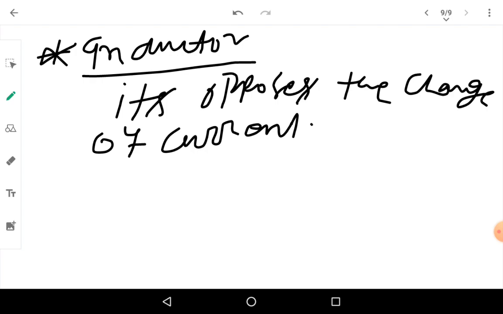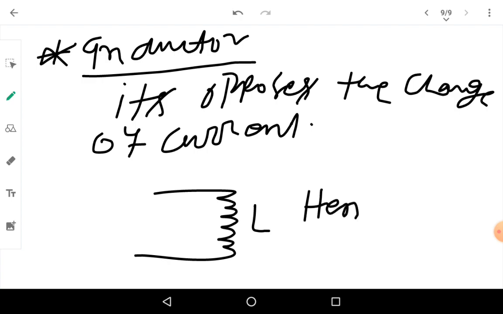The electrical symbol of inductor is like this, and it's represented as L, and its unit is Henry, H.